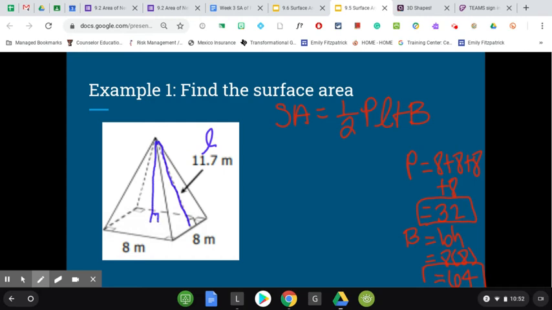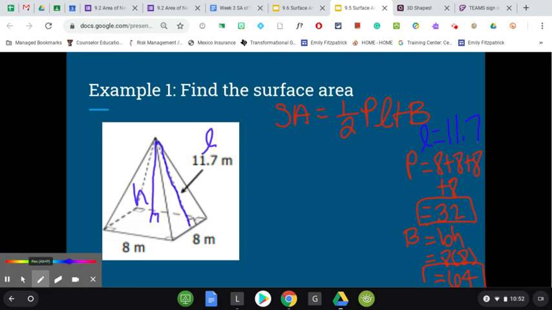It makes a right angle right there. So the height that goes from the tip straight down to the center of the base, that would be our regular height. That's the height of the pyramid. But our formula calls for the slant height, which in this case we know is 11.7.